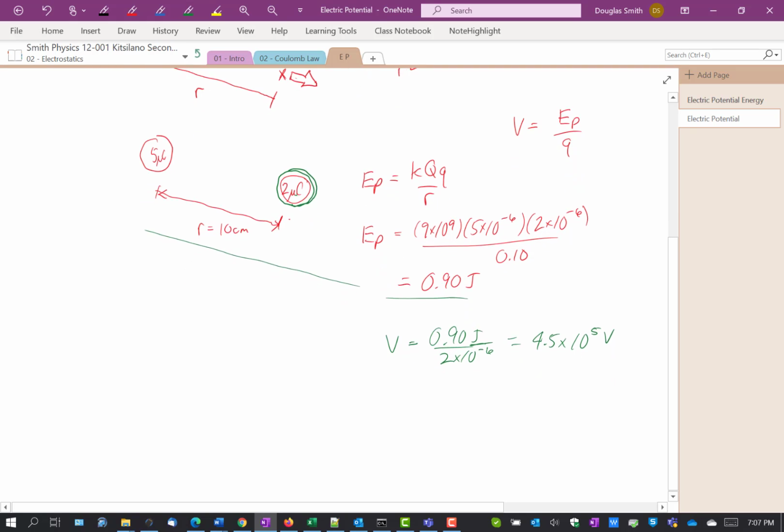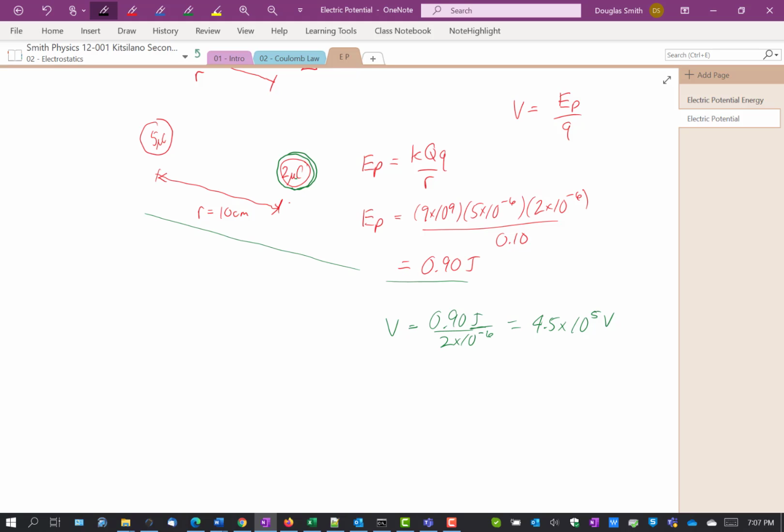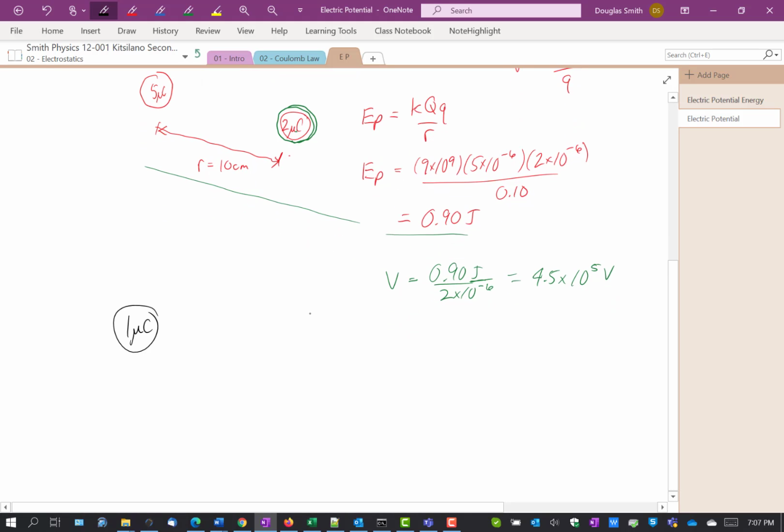And I'll do one more just to really hammer that idea home. I have 1 microcoulomb, and over here I have 6 microcoulombs. They are a distance of, say, 1.2 meters away. The potential energy between those two charges is kQq over r.